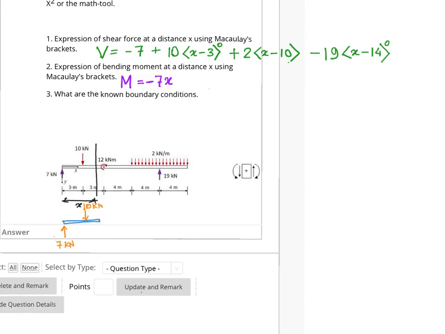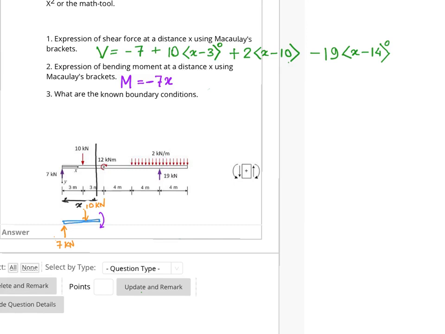The contribution of moment due to the 10 kilonewton would be in this way, because the 10 kilonewton will try to rotate the beam in the anti-clockwise direction, so that must be registered at this section by a moment going in the clockwise direction.